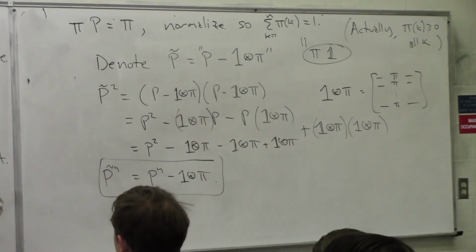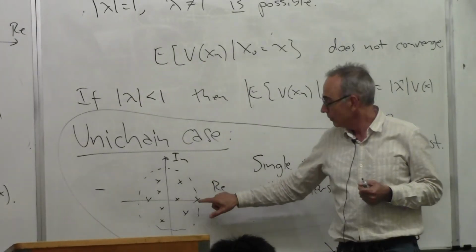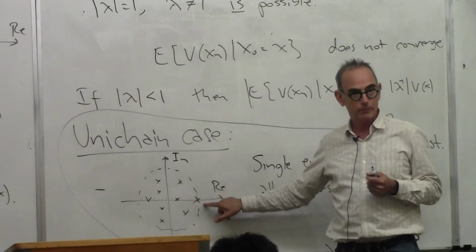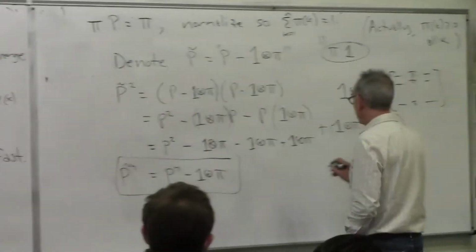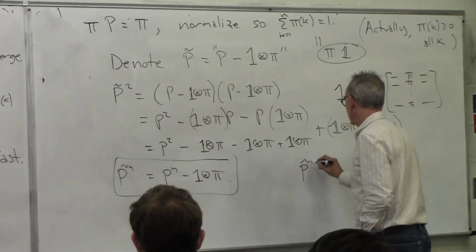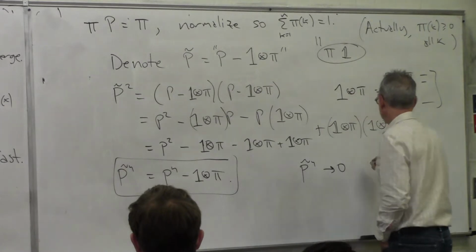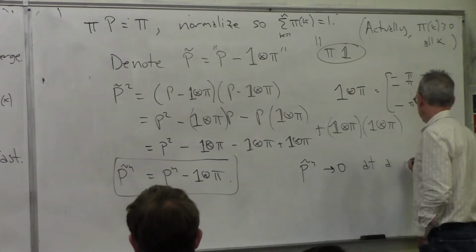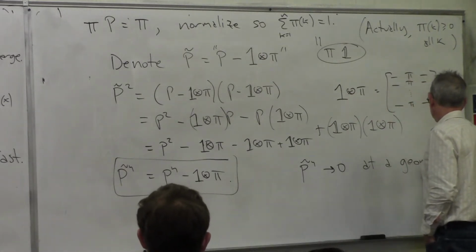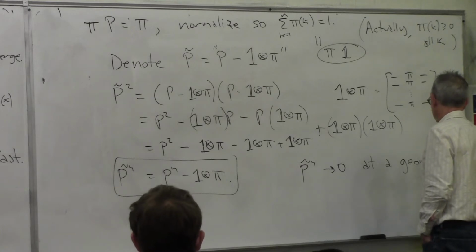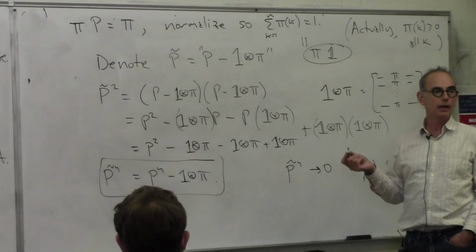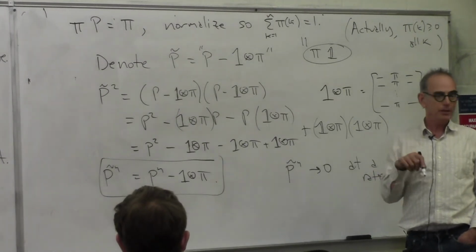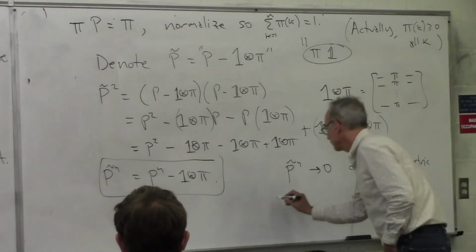So P tilde has the same spectrum, but it loses the eigenvalue at 1. You know? So guess what? P tilde to the n goes to 0. And the reason for that is that, again, the eigenvalues of P tilde and P are identical except for 1.